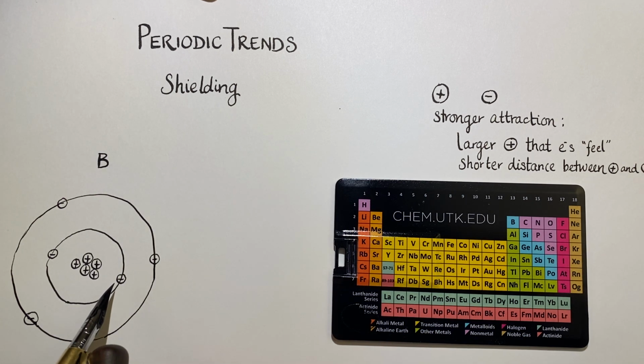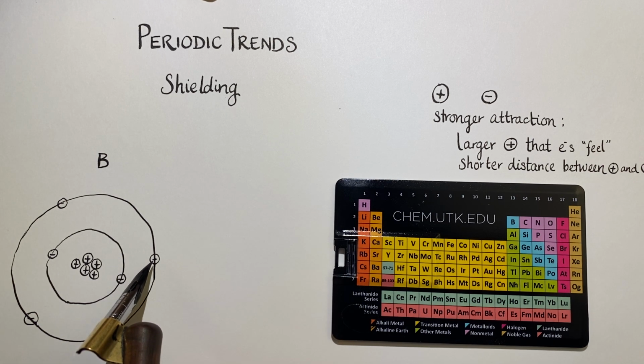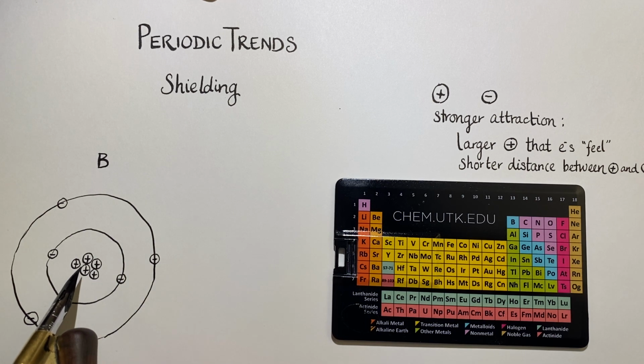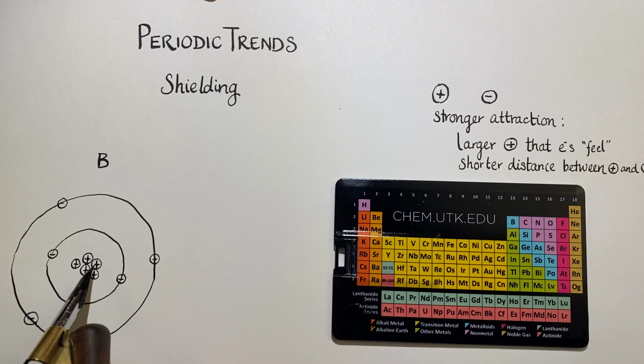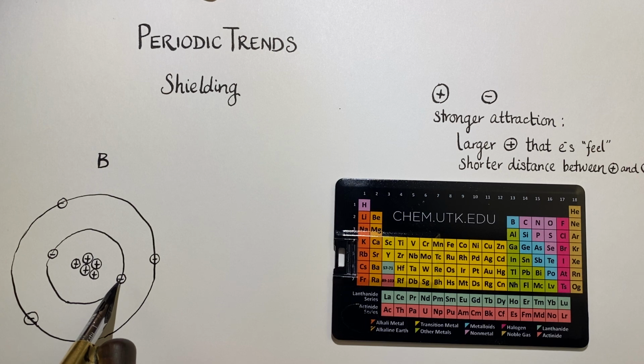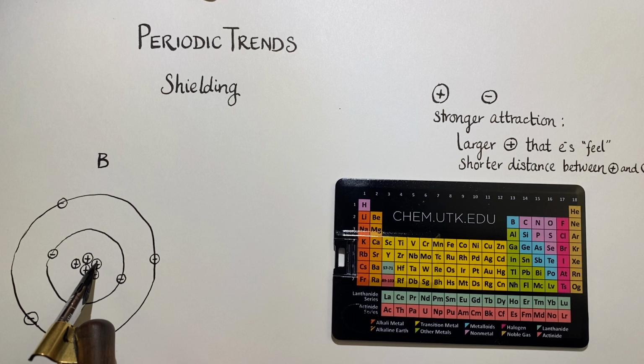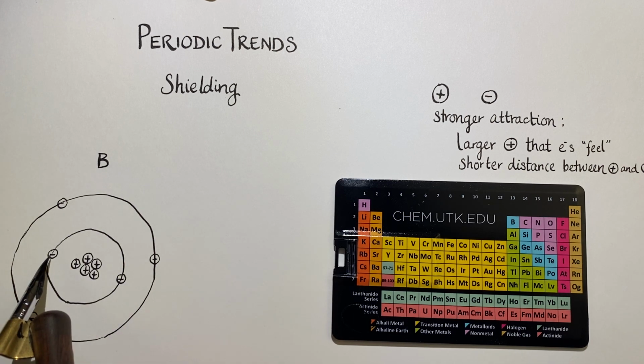Okay, so if you imagine this negative charge here is blocking this electron from 100% feeling all the positive charges here. Because this is negative 1, and each proton is positive 1. You can imagine that this negative charge here can almost negate one of those positive charges. Same with this electron.